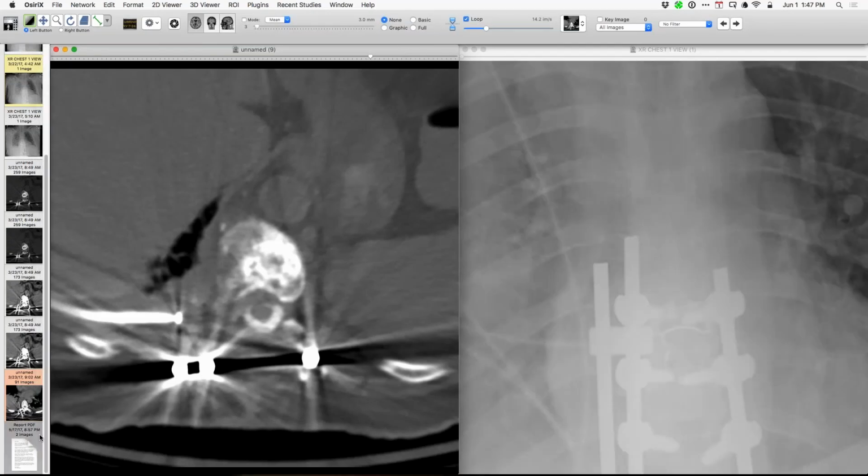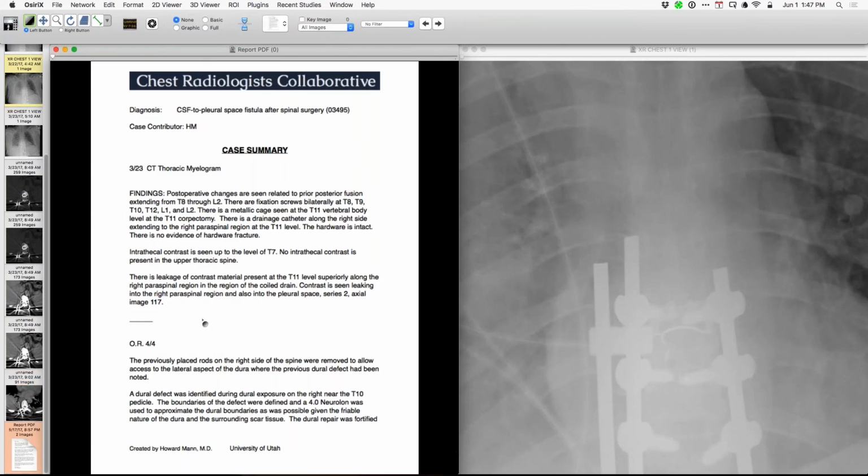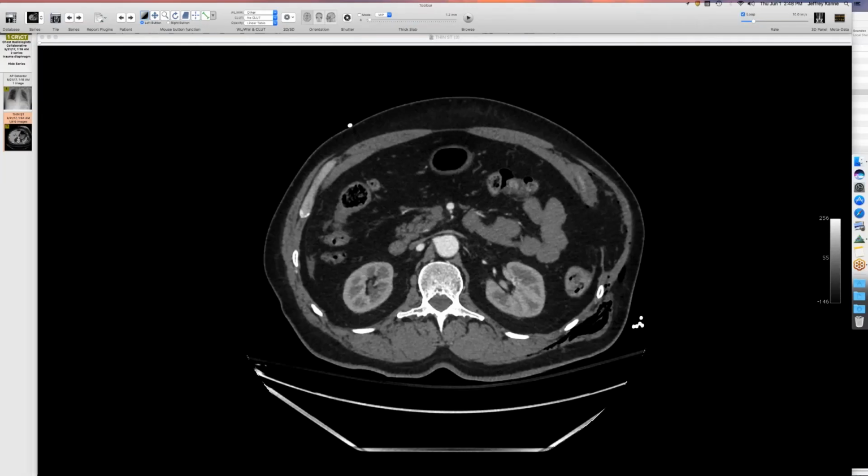But that is indeed the case. Let's see if I have the op note. As you can see here, the dural defect was identified on the right near the T10 pedicle, and they went ahead and fixed that. So a spinal or CSF communication to the pleural space is a complication of that spinal surgery.